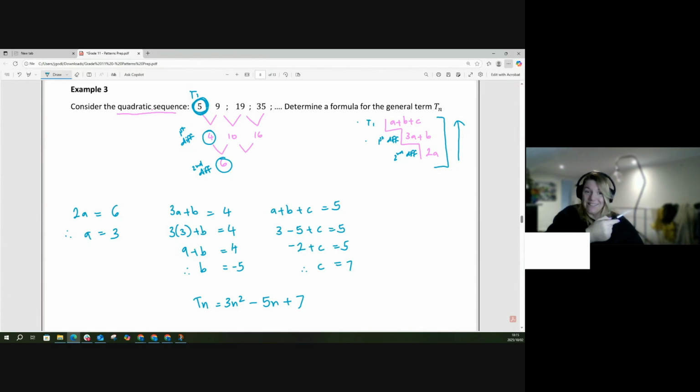And that's a quadratic sequence. Isn't that pretty cool? And now you could also plot this and you would have a nice parabola. We could do completing the square situation if we wanted to, because now we're geniuses.